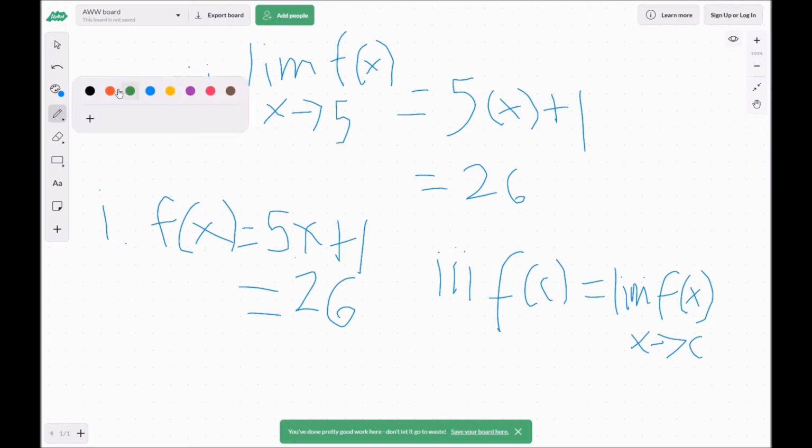For example, this is 26 and this is 26, so if that happens, there you have a continuous function.